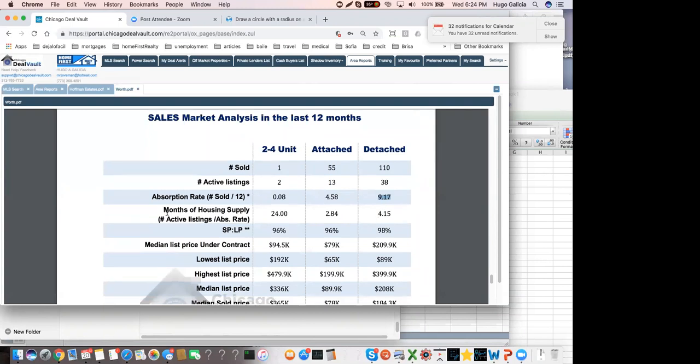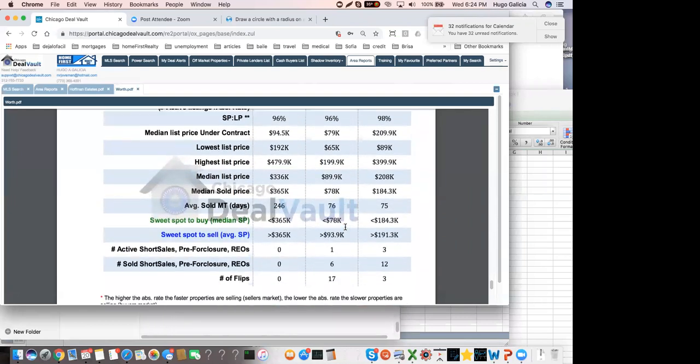And then look at this, the months of housing supply. So it's gonna take about 4 months before you run out of inventory. So that means that there's plenty of inventory. People are actually not going into Worth. They're moving away from Worth. And one of the main reasons why is because schools. Okay, so now let's look at the flips.